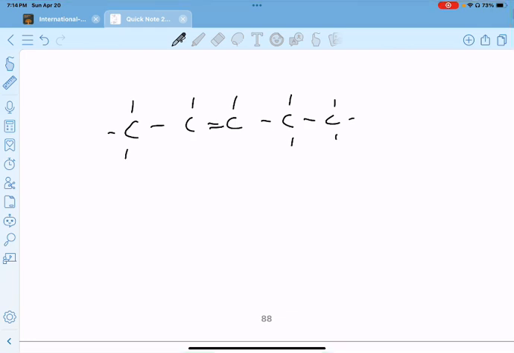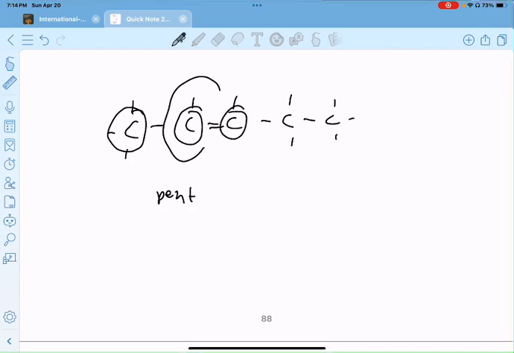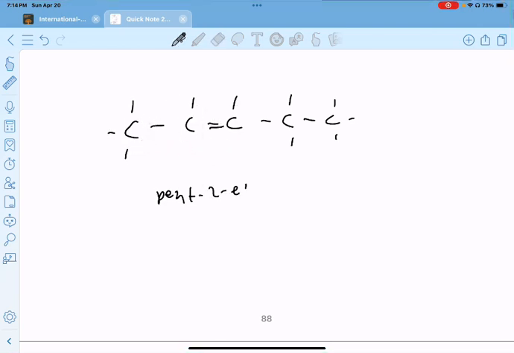They're five, so it'll be pentene. And since the double bond is located on the first carbon, second carbon, third carbon, the lowest number is the second carbon that the double bond is attached to, so it'll be pent-2-ene.